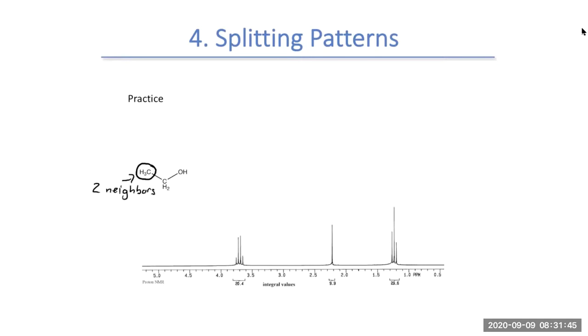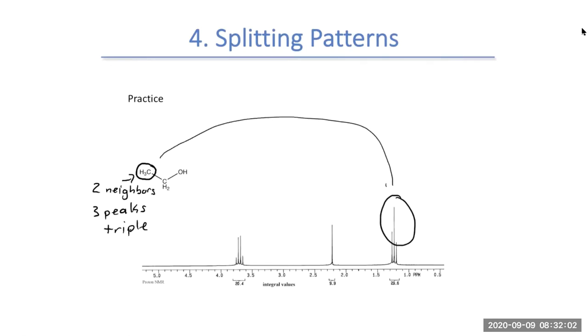If it has 2 neighbors, it's going to show 3 peaks in the NMR. 3 peaks is a triplet. So then we look on our spectra, and we see right here, we have 3 peaks. So that means that has to be my CH3.